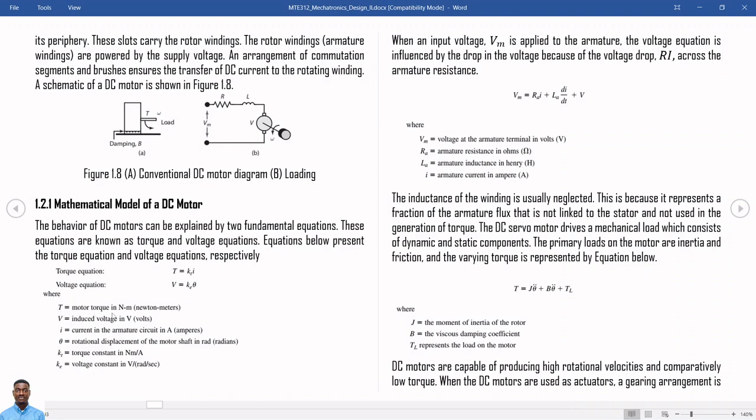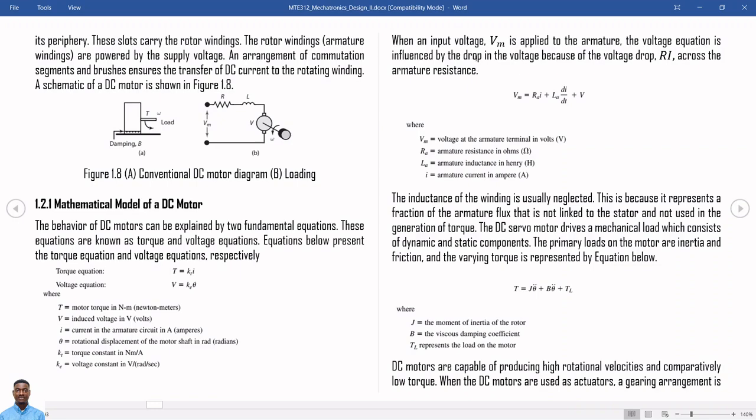So your T is the motor torque in Newton meters, your V is the induced voltage in volts, your I is the current in the armature circuit in amperes, and your theta is the rotational displacement of the motor shaft in radians, while your KT is the torque constant in Newton meter per amperes, and you have your KE, which is the voltage constant in volts per rads per second.